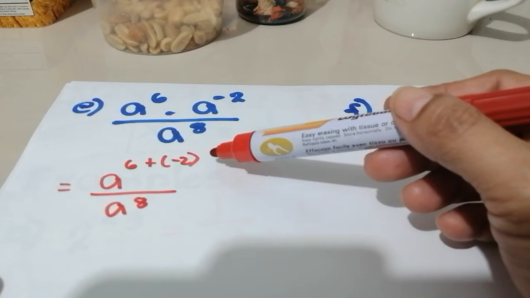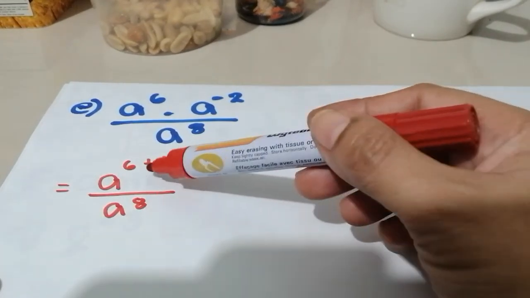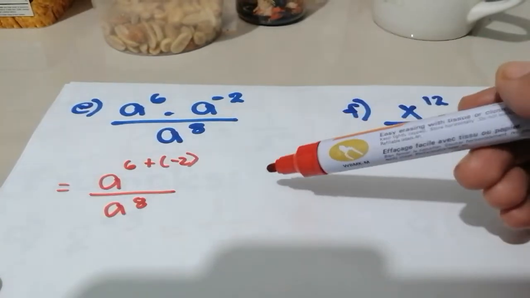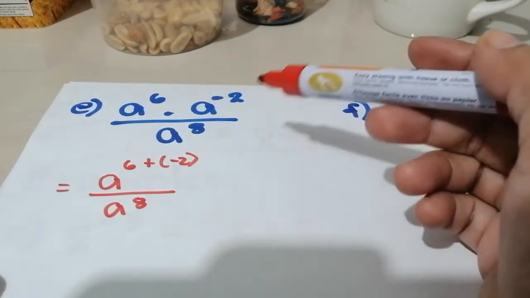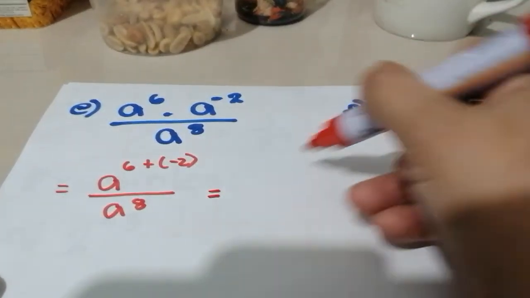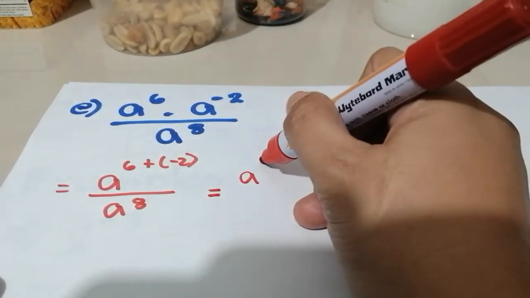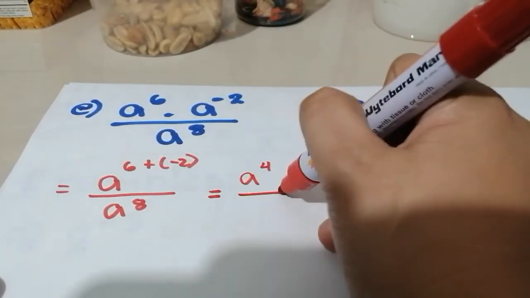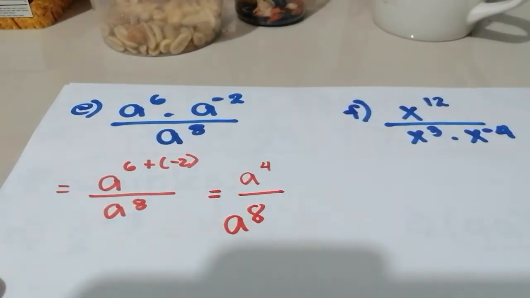And because it's unlike sign, even if we're going to add, it doesn't mean we really have to add it, kasi we're dealing with integers here. So, unlike sign means we need to subtract the exponent. So, we're going to have a 6 minus 2 will be raised to the 4th power over a raised to the 8th power.